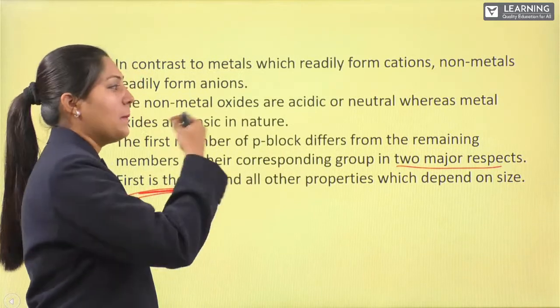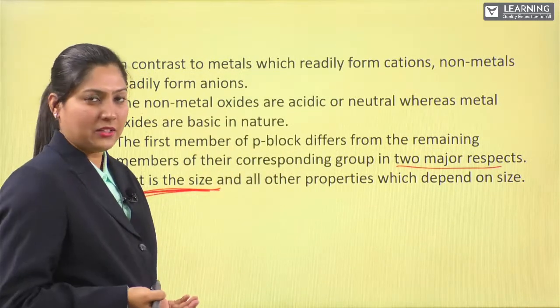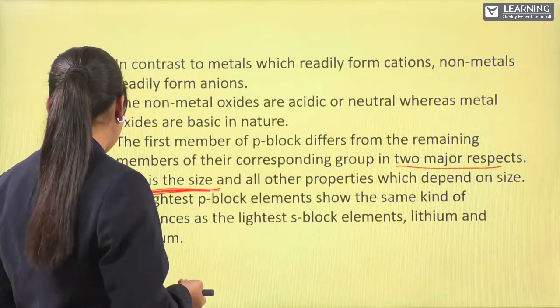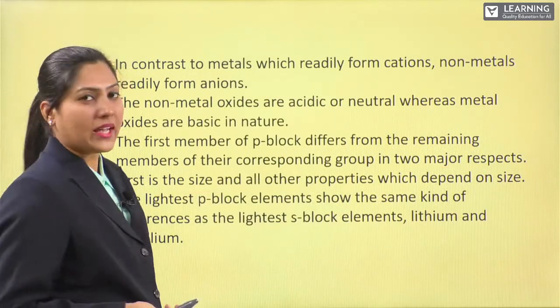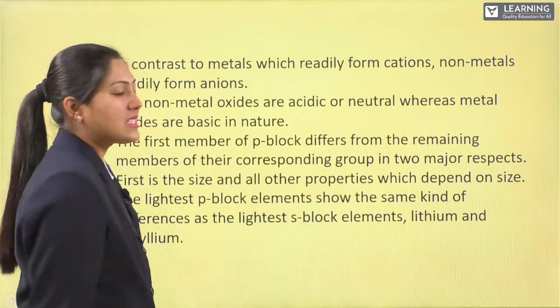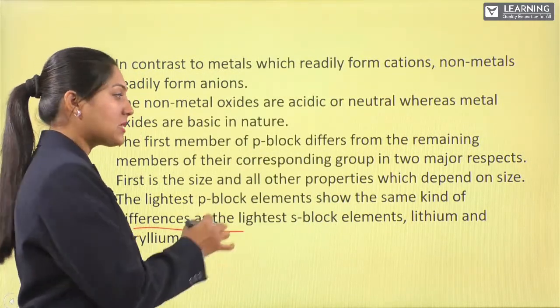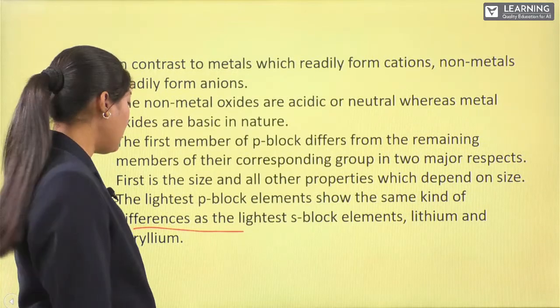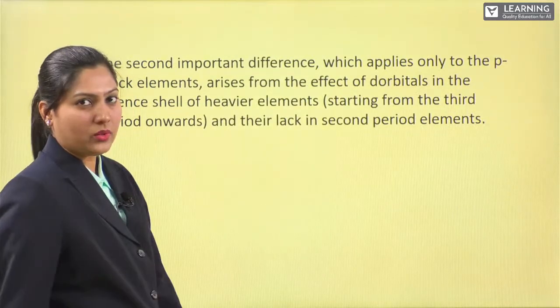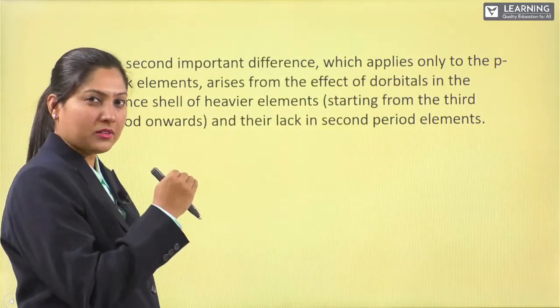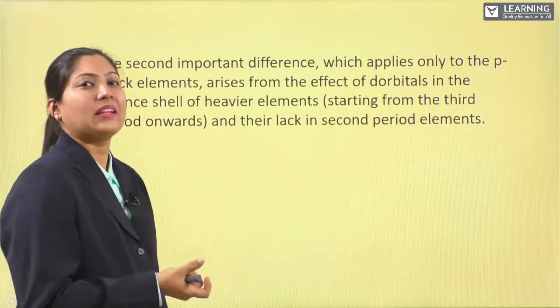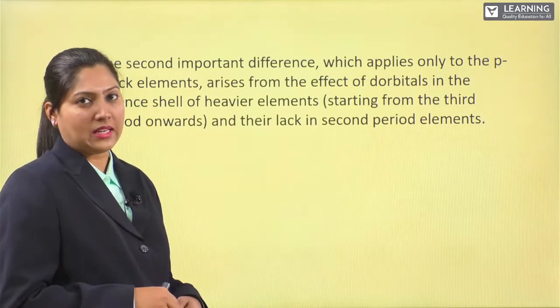The size makes the other properties differ, and the lightest P block elements show the same kind of differences as the lightest S block elements like lithium and beryllium. We studied how beryllium and lithium differ from the other elements, right?